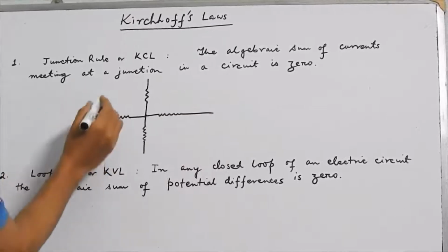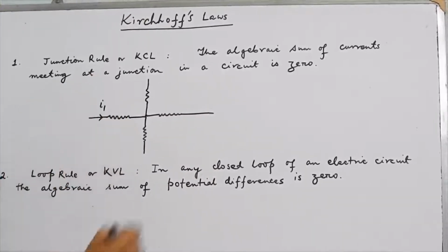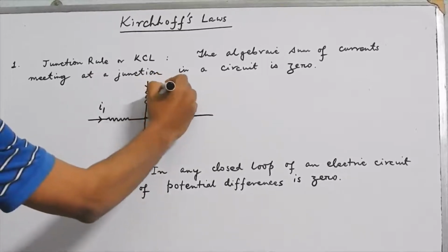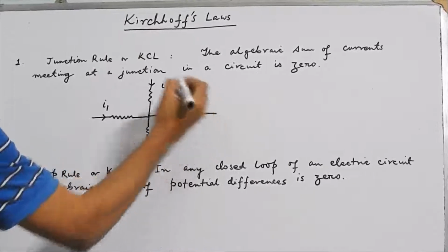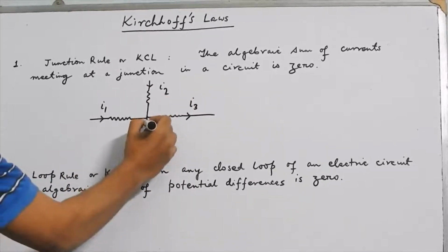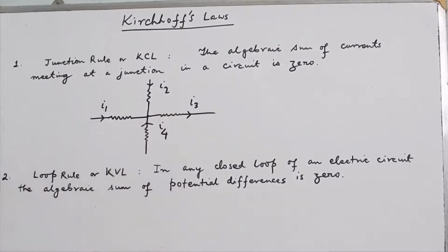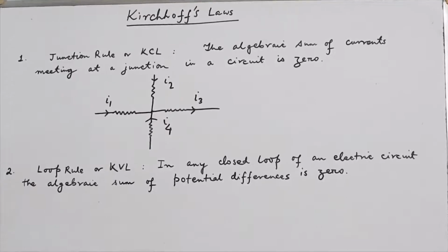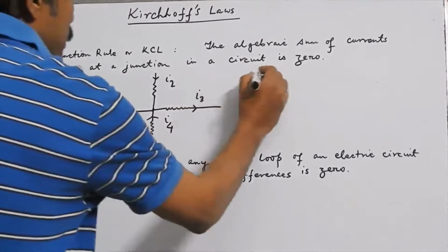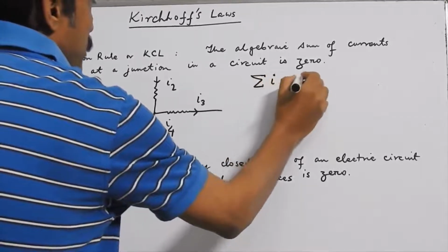Suppose in one of the resistances current flowing is I1, in another the current flowing is I2, in the other one the current flowing is I3, and suppose in this one the current flowing is I4. So the sum of currents meeting the junction is zero. So you can say that this law can be simply written as summation of I equal to 0.